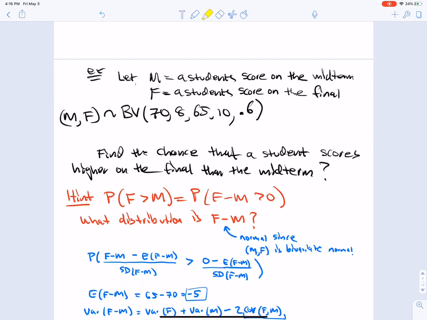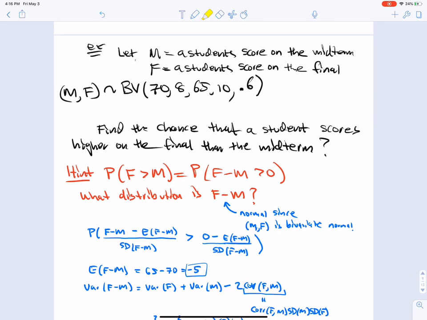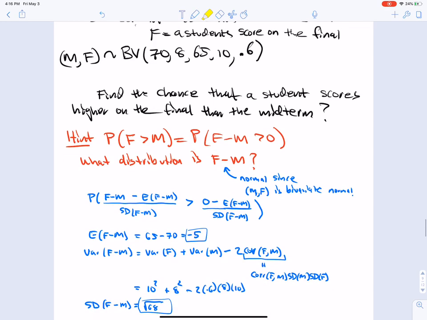Finally, let M be a student's score on the midterm, F the student's score on the final, and let's find the chance that a student scores higher on the final than the midterm. We can write the probability that F > M as the probability that F - M > 0, and F - M is normal since MF is bivariate normal.